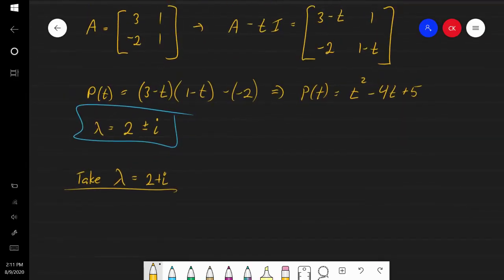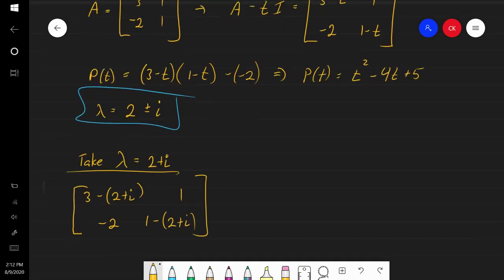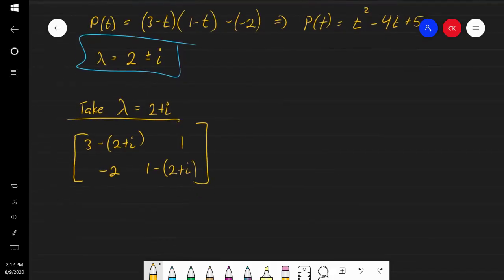So let's plug this in, and we get a matrix that looks like the following: 3 minus (2 plus i), 1 minus 2, and 1 minus (2 plus i). So there's our matrix.